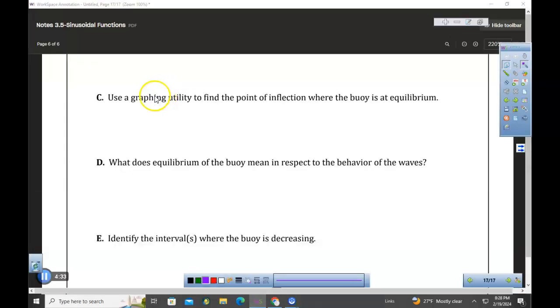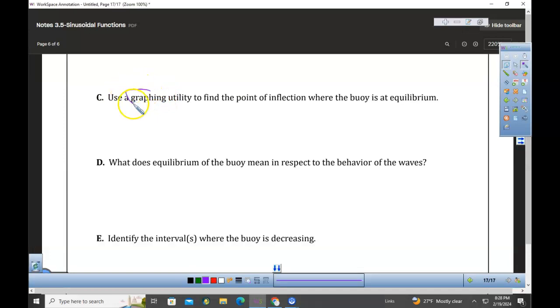So how would I do that? If I grab the function from above, it's going to look like this, right? Where y equals 0 is going to be my midline based on my equation because there's no shift. So point of inflection is going to happen when this graph passes 0.